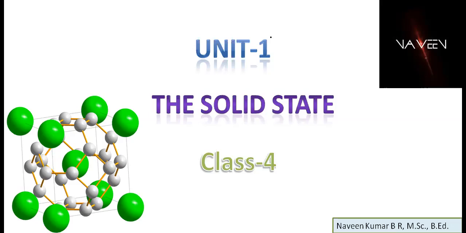Then we'll go on to the calculation of the space occupied by particles with the help of packing efficiencies, which we'll take up in the next class. In this class, we'll discuss the close packed structures in detail.